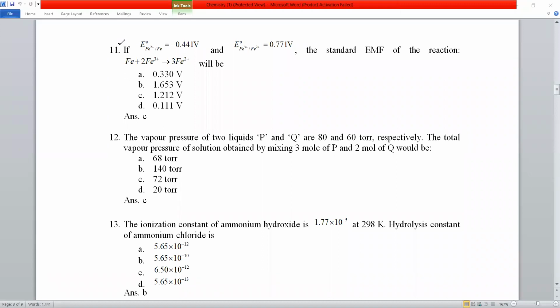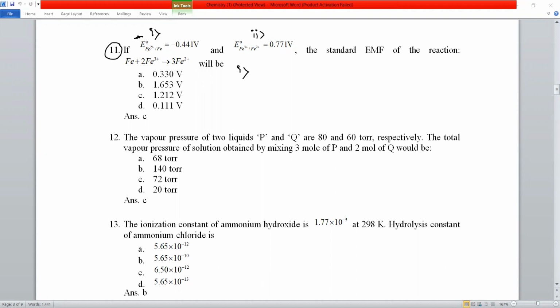Question number 11. They have given E naught for Fe plus 2 converting to Fe, and Fe plus 3 converting to Fe plus 2, and they're asking for the standard EMF of the reaction. Look at this one, equation number 1 and equation number 2.